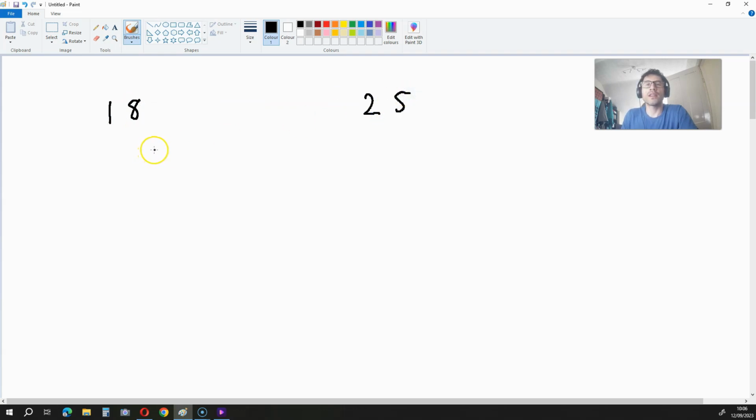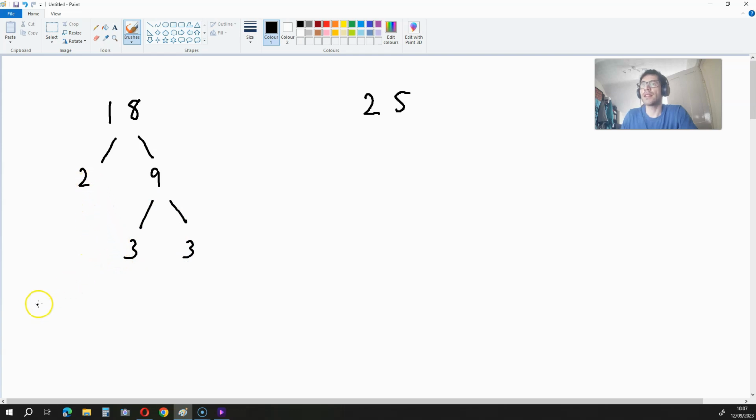To find the least common multiple, we have to break these numbers down into their prime factors. So what are the prime factors of 18? Well, 2 times 9 is 18, okay, but 9 is the same as 3 times 3.